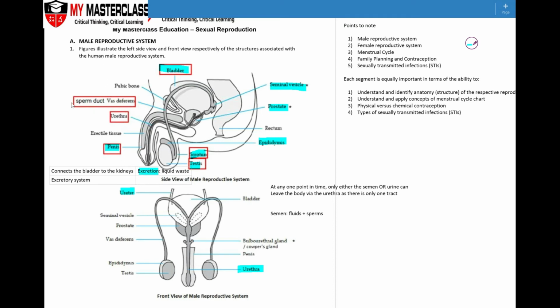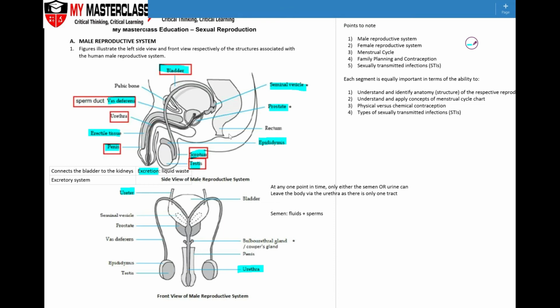All right. Then the movement of the sperm cells will be through the vas deferens, which is otherwise known as the sperm duct. Erectile tissues are only required during male ejaculation of semen. They are not required during the urinary process itself. Now the rectum, going back to your digestive system, has nothing to do with the male reproductive system.